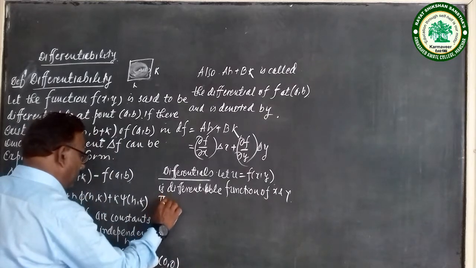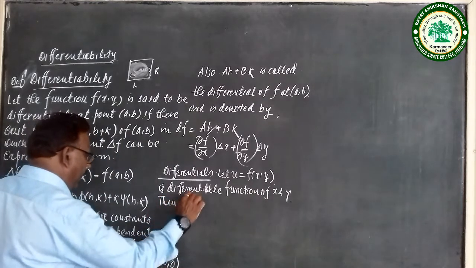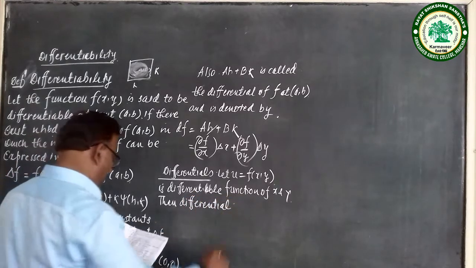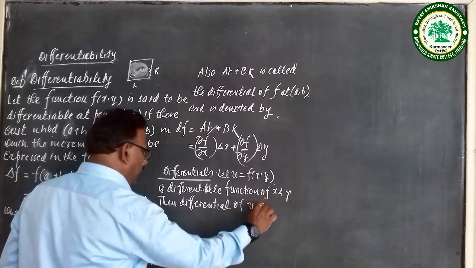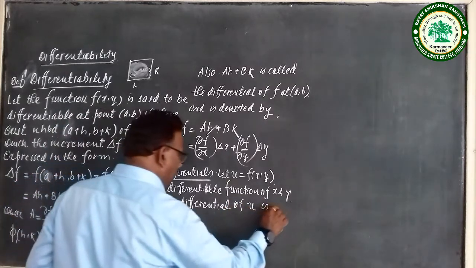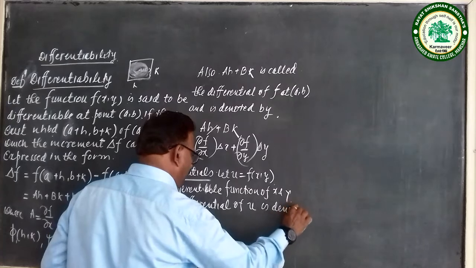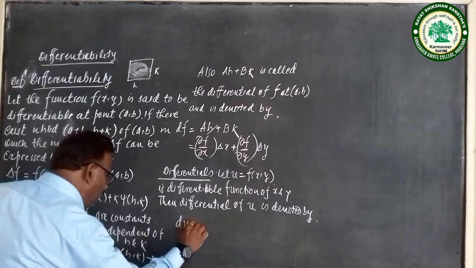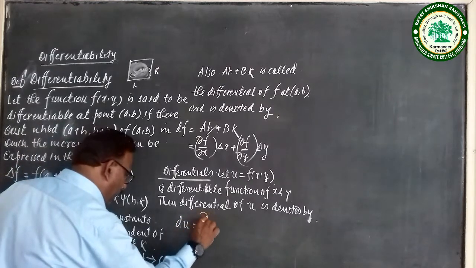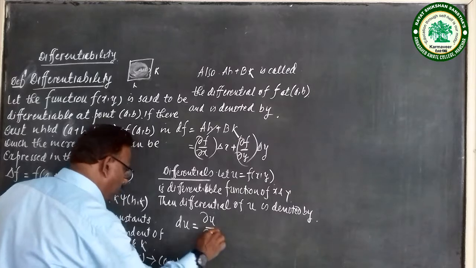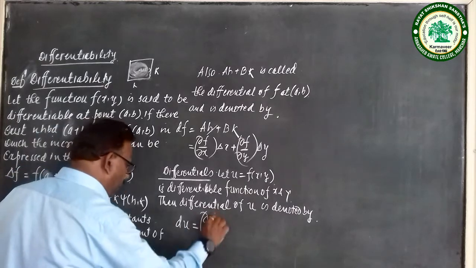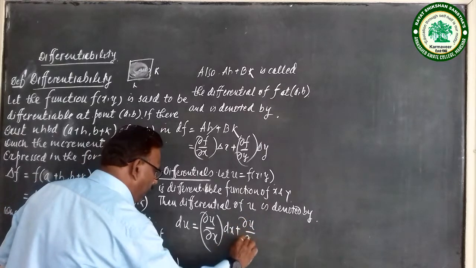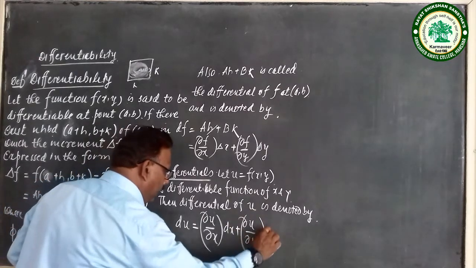Then the differential of u is denoted by du, which is equal to the partial derivative of u with respect to x, because u is a function of x and y, into dx plus del u by del y into dy.